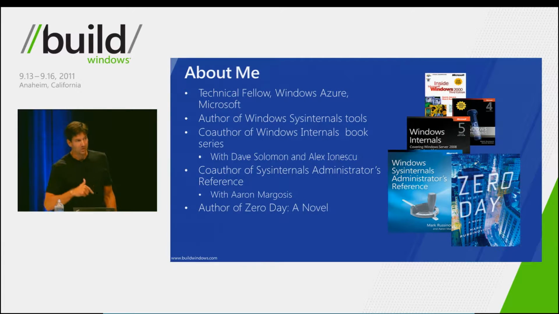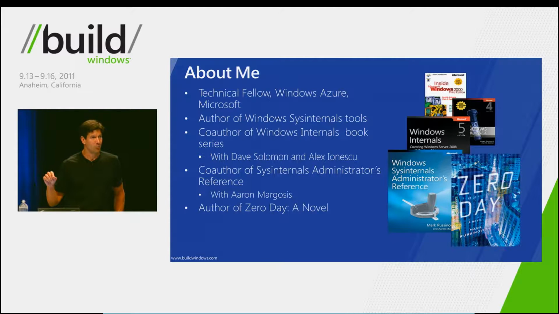For those of you that weren't in the previous session, this is just a bio slide. My role on Windows Azure is I'm architect of a component called the Fabric Controller. The Fabric Controller is something you're going to be learning about as we go through this talk. And as the architect, I help define where the fabric's going, the Fabric Controller is going, the kernel of the cloud operating system, what features we're going to put in place.